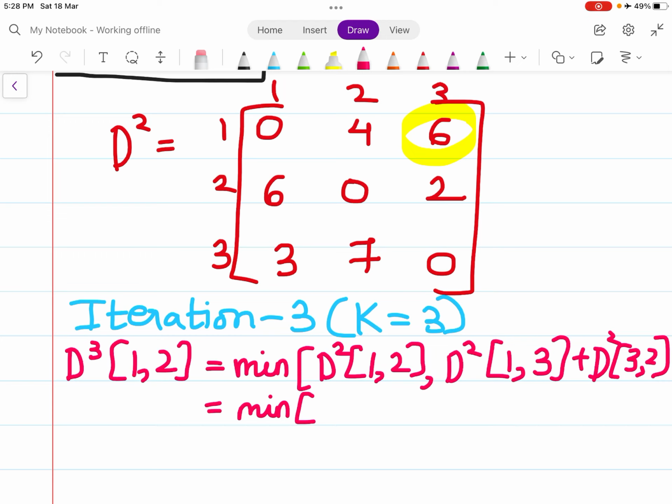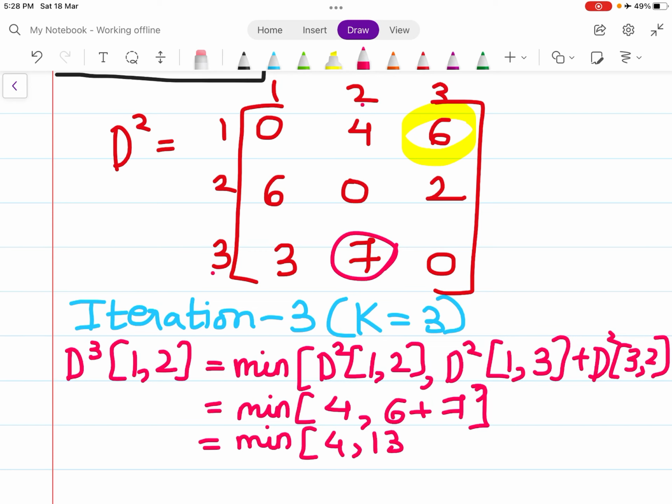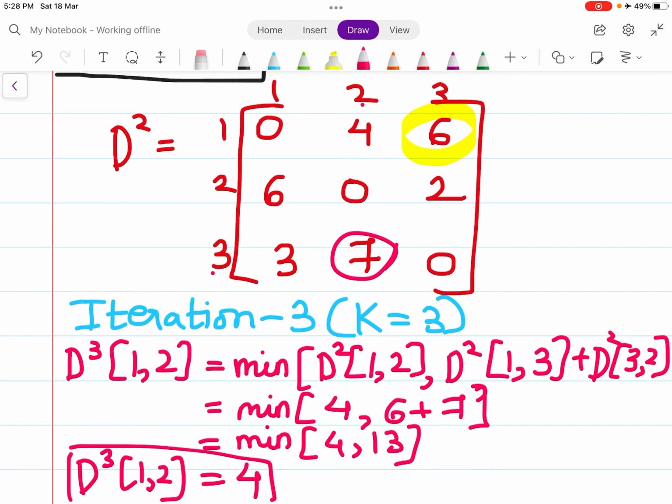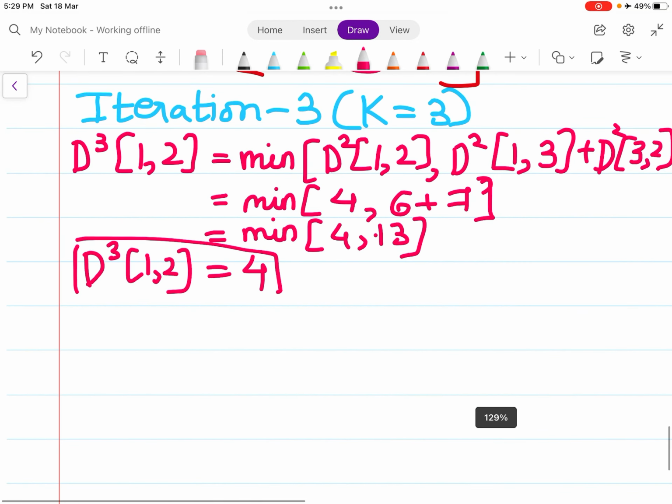So 1 comma 2 is 4. 1 comma 3 is 6 plus 3 comma 2 is 7. So minimum of 4 comma 13 is 4. So D3 1 comma 2 is 4. So the value of D3 1 comma 2 has not changed.